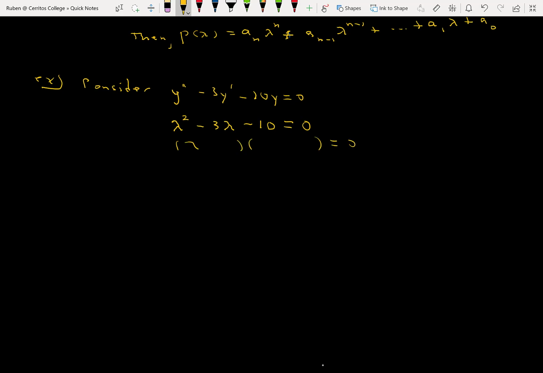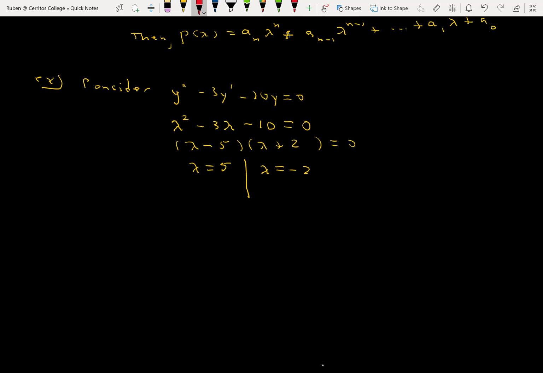Okay, if we factor the quadratic, we get lambda minus 5 times lambda plus 2 equals 0. So the two roots of our auxiliary equation are lambda equals 5 and lambda equals negative 2. These roots definitely have a specific structure.